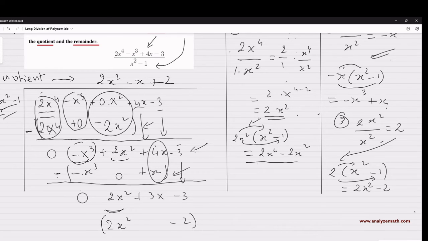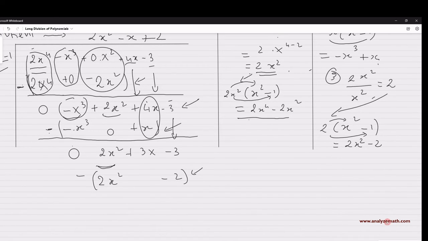I am going to subtract again this polynomial from the one above it. So 2x^2 minus 2x^2 gives me 0. 3x, there is no term in x, so it's 0, and 3x minus 0 gives me 3x.